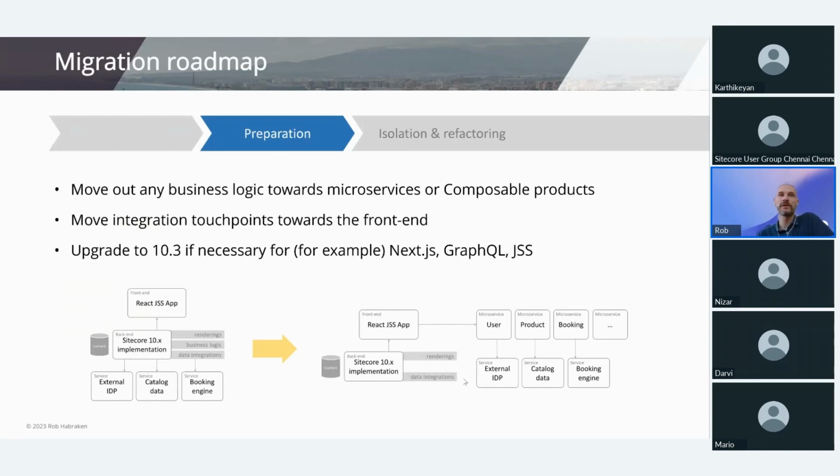So that would mean that you don't have like a big bang migration, but you are going to gradually replace stuff with composable products and then slowly start moving towards your XM Cloud solution.